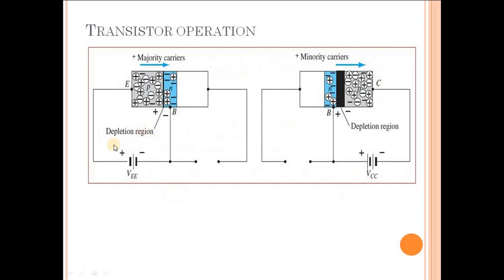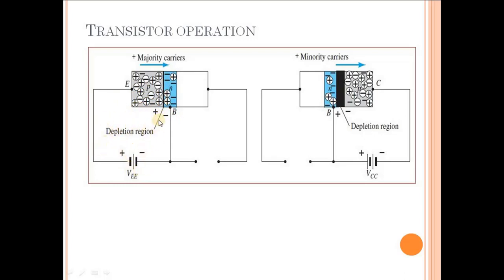So first, you just see in this case we have a DC bias which makes this PN junction forward biased. This emitter base PN junction is forward biased by this DC bias.